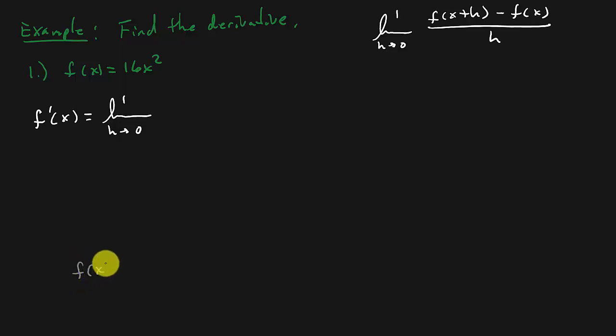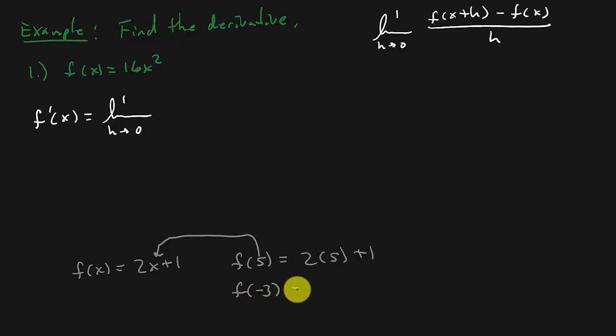If you have f of x is equal to 2x plus 1, and they ask you to find f of 5, what they're wanting you to do is take the 5 and plug it in for x. So that would be 2 times 5 plus 1. If they ask you to find f of negative 3, that would be 2 times negative 3 plus 1.